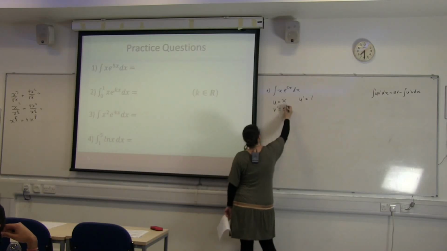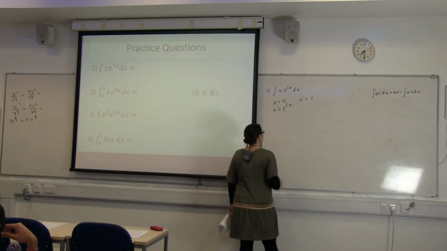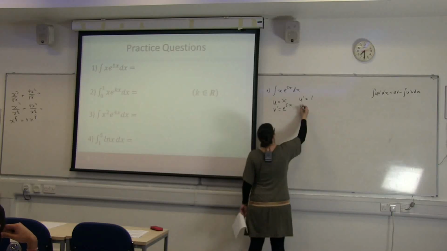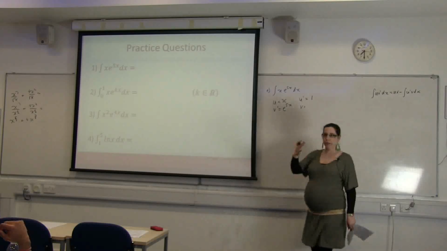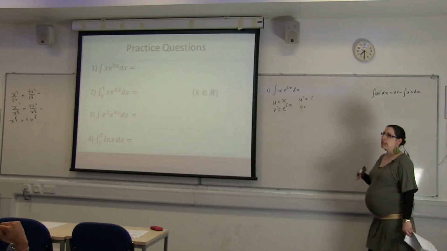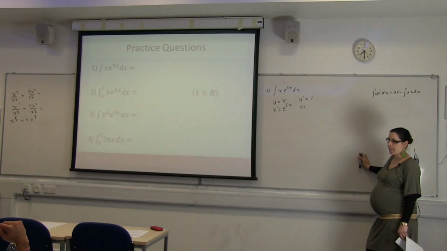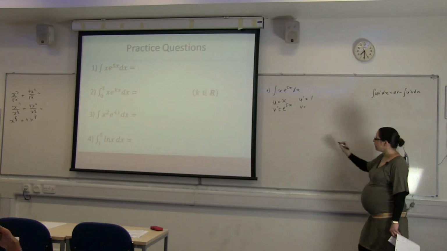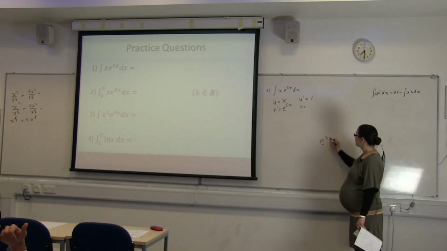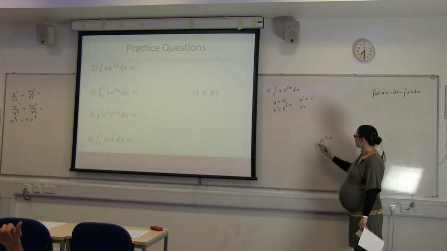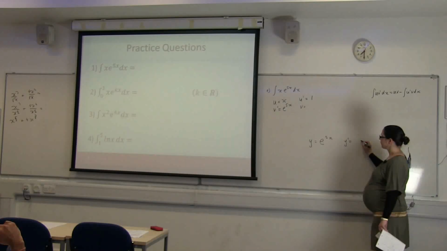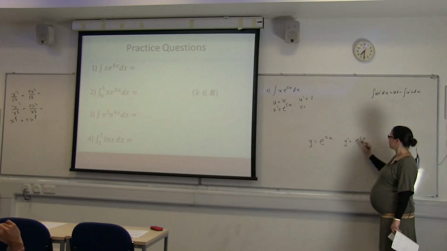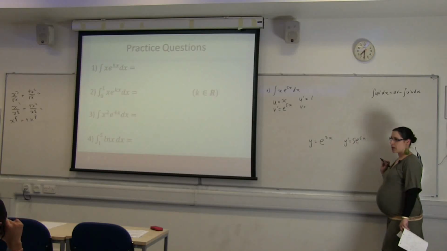Okay? Now that leaves me with a slightly complicated question. v prime was e to the 5x. What is the original v then? What is the function that I need to differentiate to end up with e to the 5x? Okay, if I differentiate y equals e to the 5x, what will be the derivative? 5 e to the 5x.